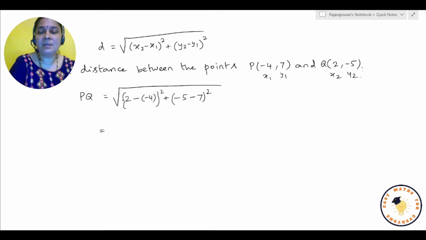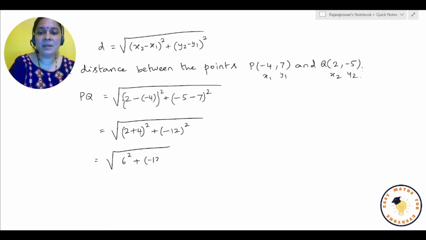So this is equal to the square root of (2 minus of minus 4, which will be 2 plus 4) whole square plus (minus 5 minus 7, which will be minus 12) whole square, which is equal to root of 6 square plus minus 12 whole square, which is equal to root of 36 plus 144, since minus 12 whole square is positive 144.